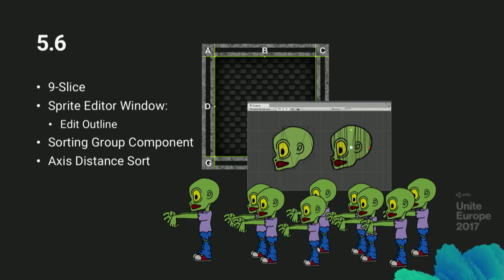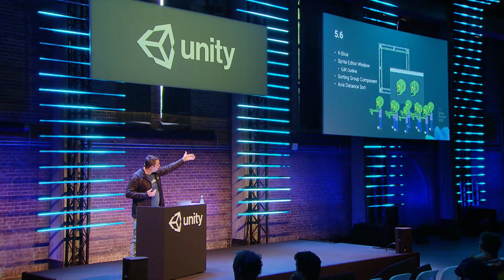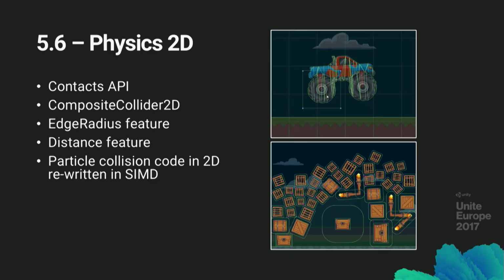So the axis distance sort feature adds the ability to order these renderers along an arbitrary axis. You define a sort mode, which is custom, and then you define an axis, okay? And that will allow you to create this kind of sorting very easily.